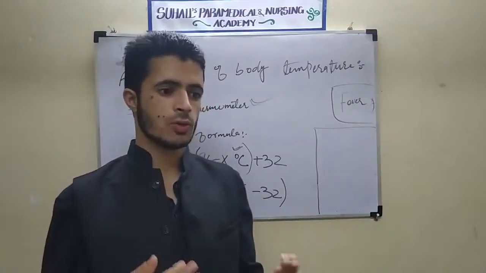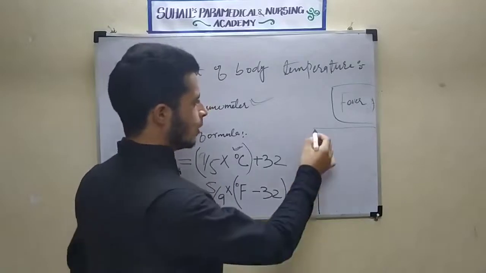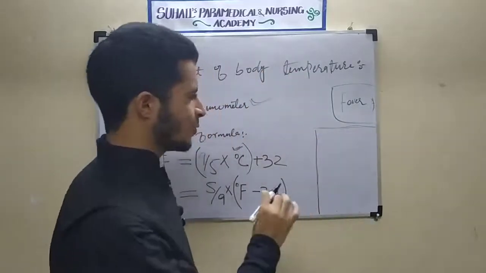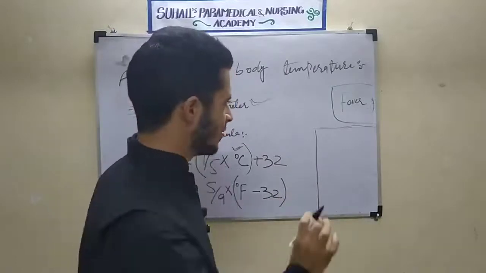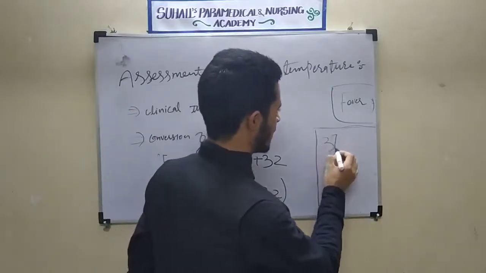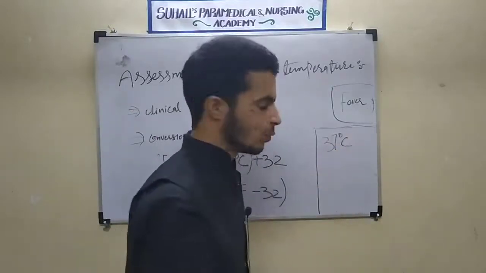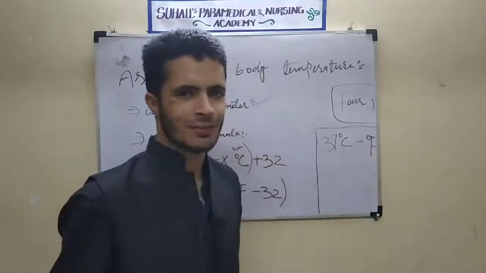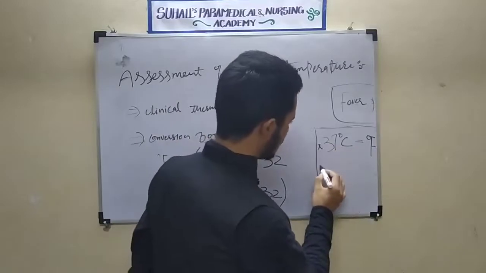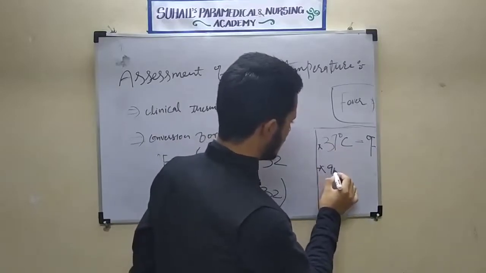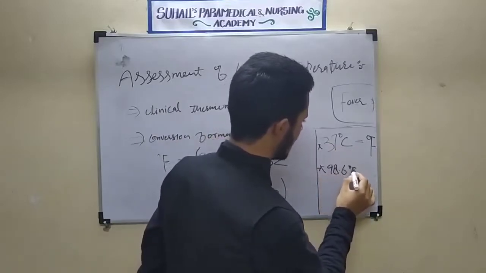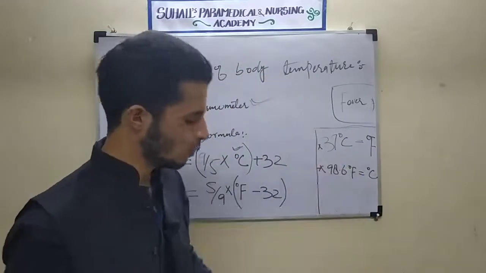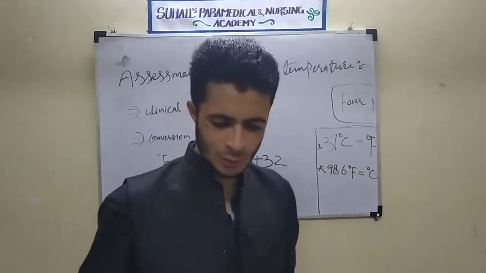The work is: convert 37 degrees Celsius into degree Fahrenheit, and convert 98.6 degree Fahrenheit into degree Celsius. This is the work for you all.